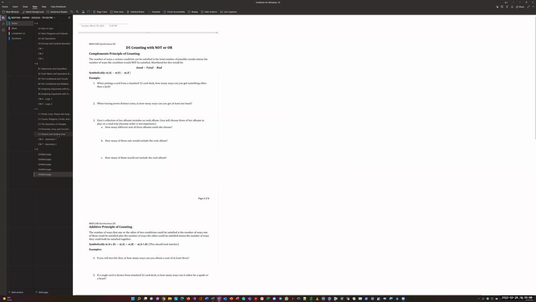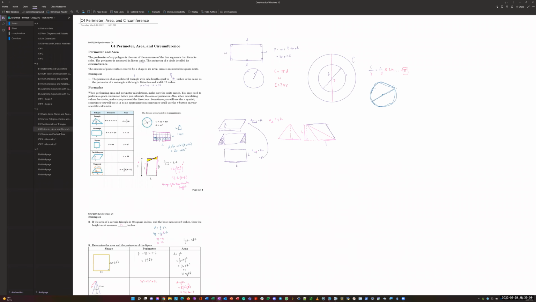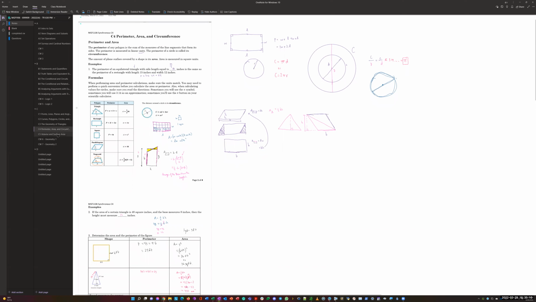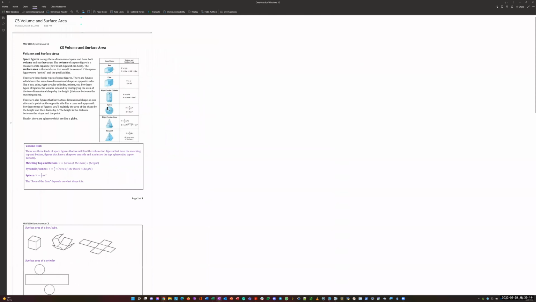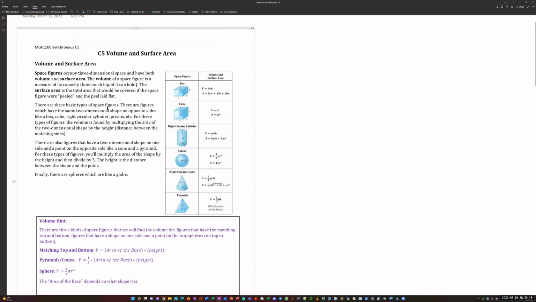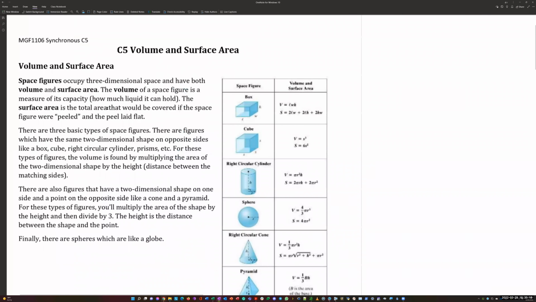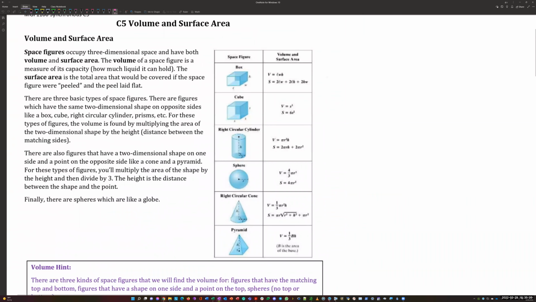All right, so I believe we had finished all this area thing, or excuse me, perimeter, area and circumference, and now we were talking about volume and surface area. I believe we started talking about volume a little bit, but we didn't necessarily finish.